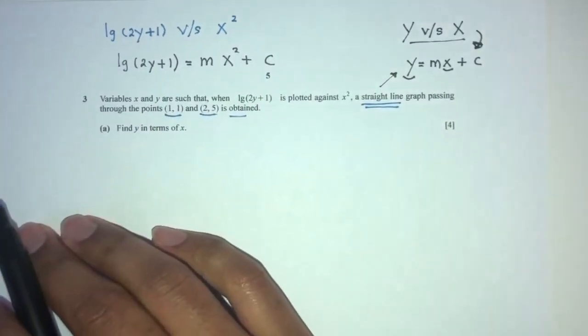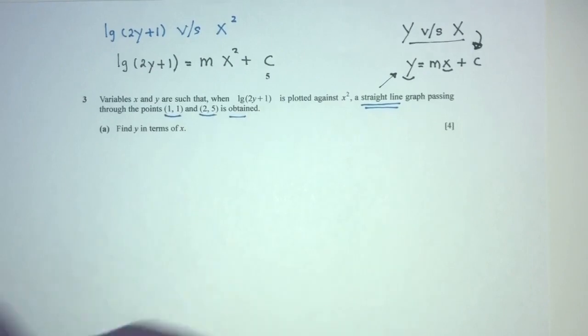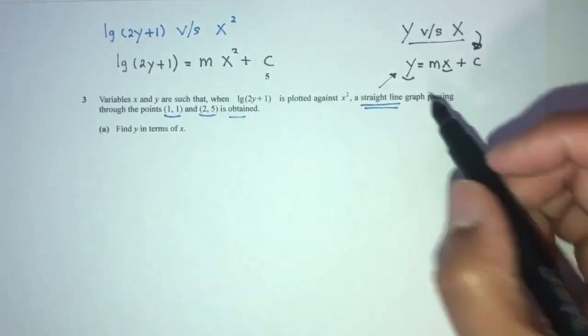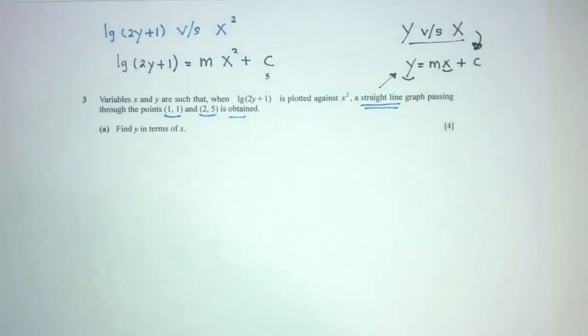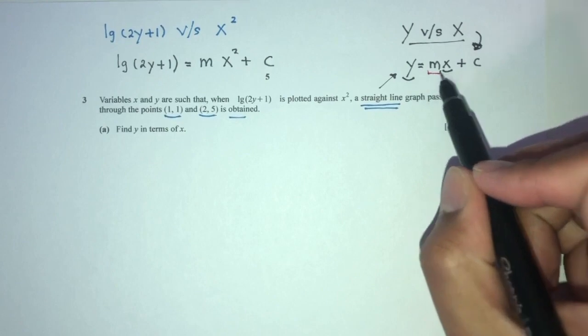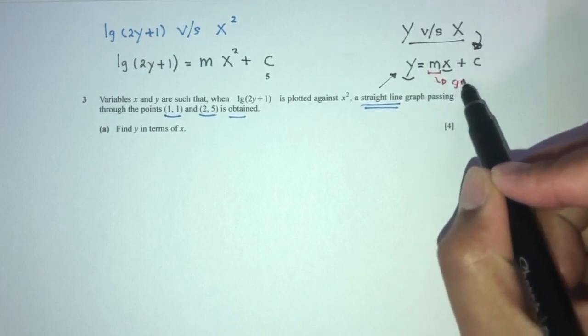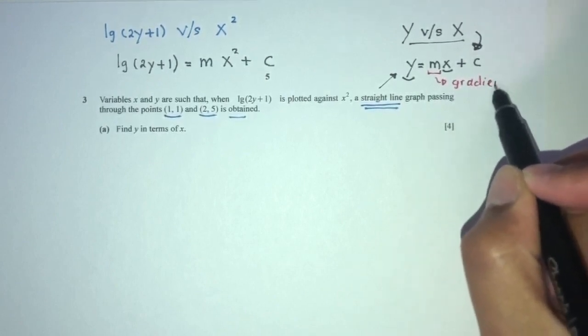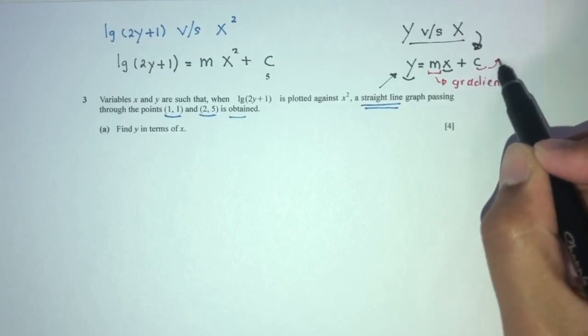Now we do know that if you have 2 points on a straight line, we can find the gradient. And by comparison, when I give you this equation, you would say, okay, what is m? m is the gradient. We have seen this many times before, right? And c is again the y-intercept.